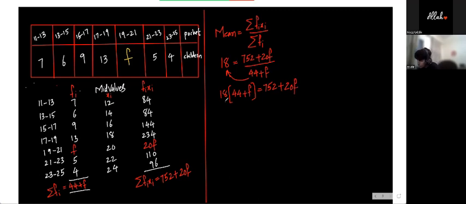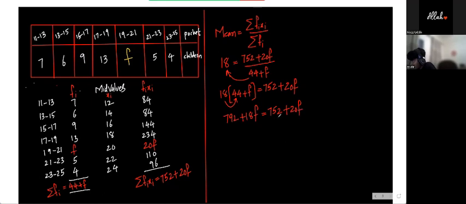And multiply this and this. 44 into 18 is 792. 792 plus 18f is equal to 752 plus 20f.